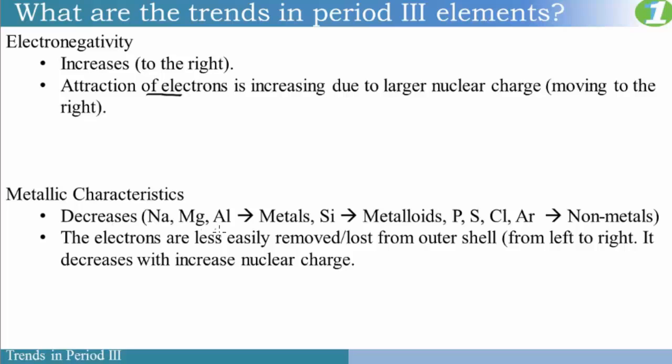Now the electrons are less easily removed or lost from the outer shell from left to right. That is, from left, for example, in sodium, magnesium, and aluminum, you'd have 1 electron, 2 electrons, 3 electrons. Then it will be easy for these elements to lose the 1 electron, the 2 electrons, and the 3 electrons. Then, let's say phosphorus, that is in group 5.